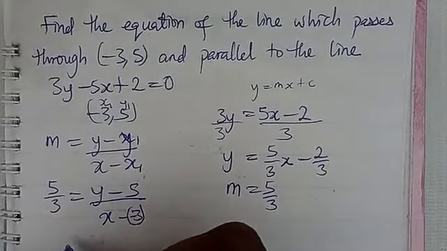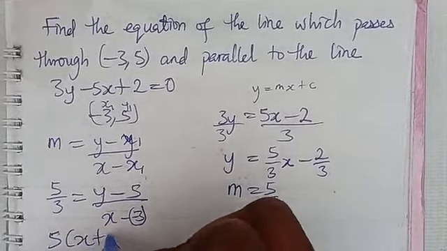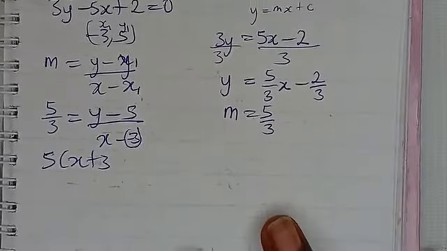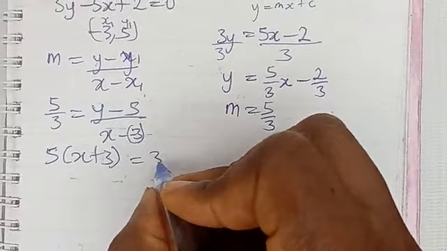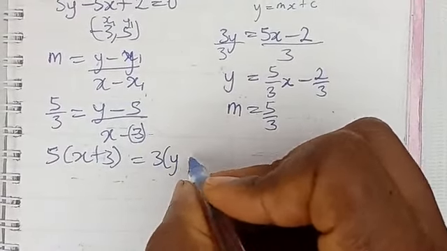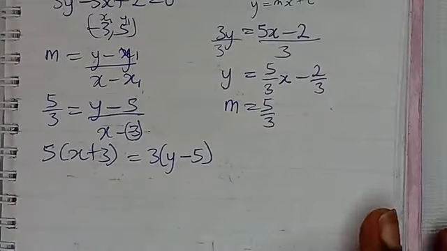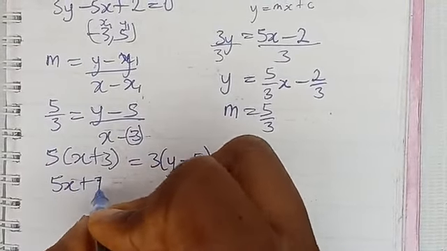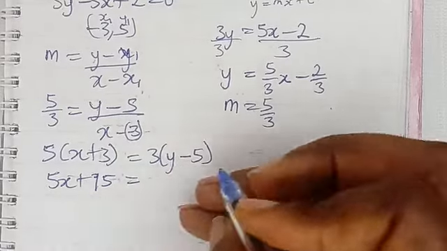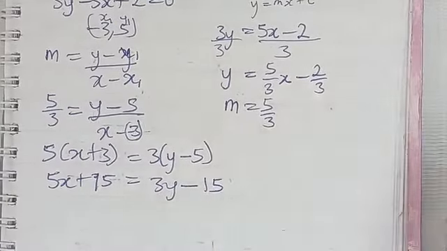So we cross multiply, we have that 5 into x plus 3, that is when we've done this, is equal to 3 into y minus 5. We open up the brackets, right? We now have that 5x plus 15 is equal to 3y minus 15.